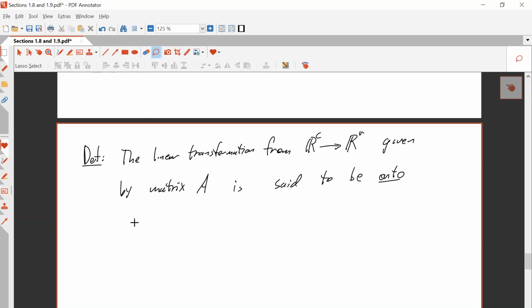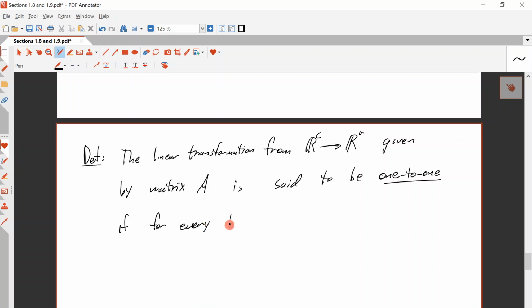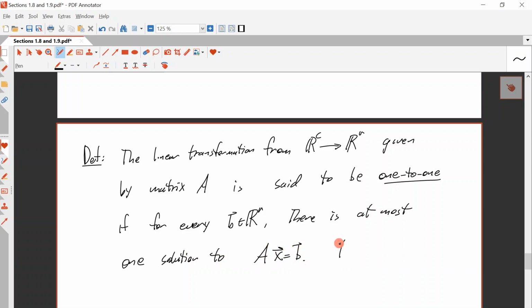The linear transformation from R^C to R^R given by matrix A is said to be, the term is 1-to-1, if for every B in R^R there is at most one solution to AX equal to B. That is, AX equal to B has a unique solution or is inconsistent.